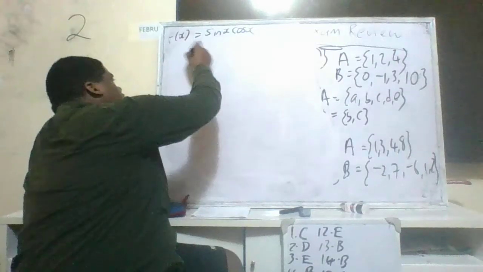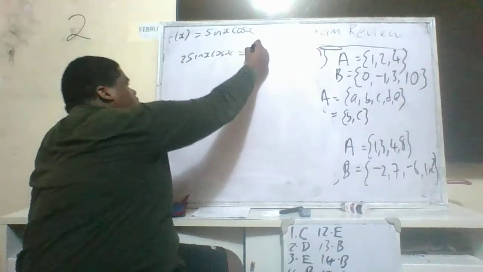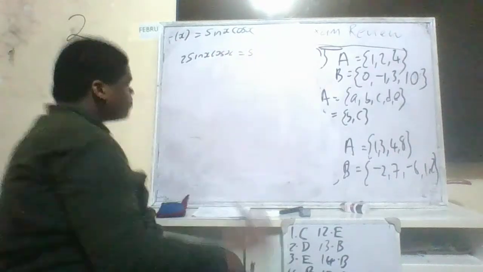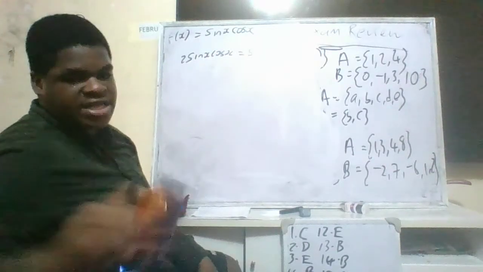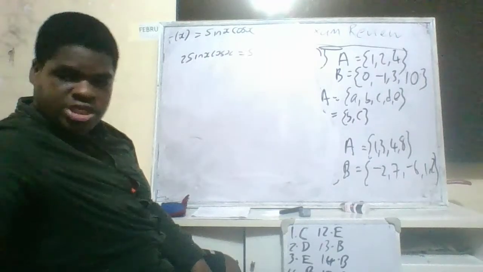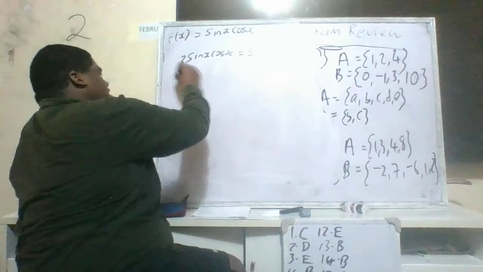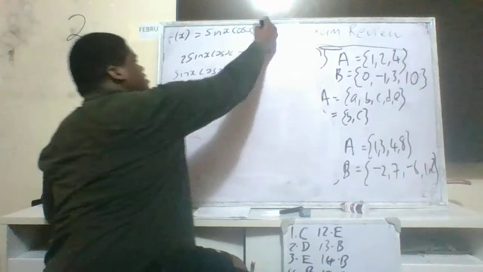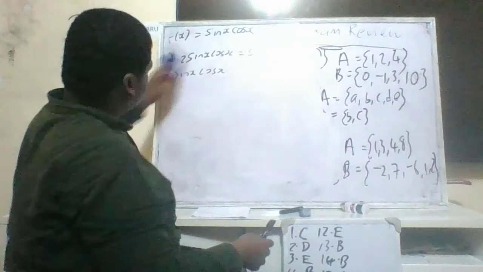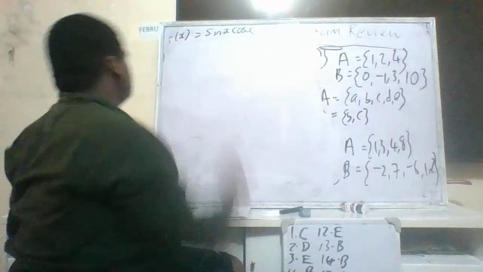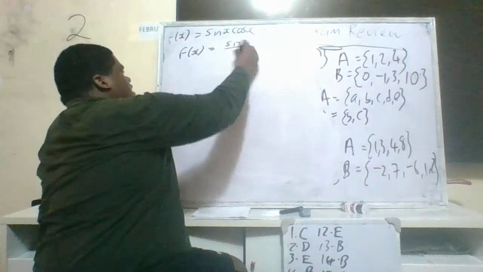Remember that 2 sine x cos x is equal to sine 2x. You can just multiply this using the product rule, but I want to simplify everything, so I'll show you an easier way of finding this derivative. 2 times sine x cos x equals sine 2x. That means sine x cos x is equal to sine 2x divided by 2. So we have f(x) is equal to sine 2x divided by 2.